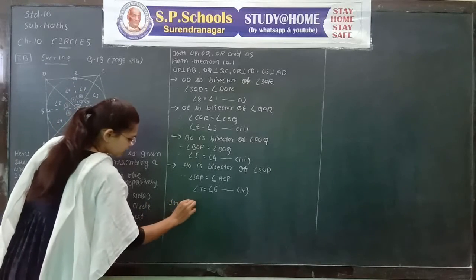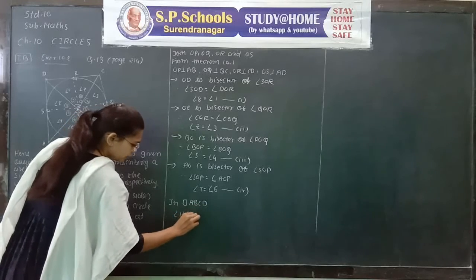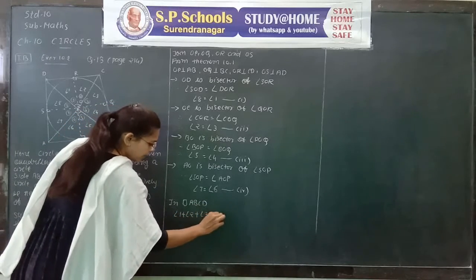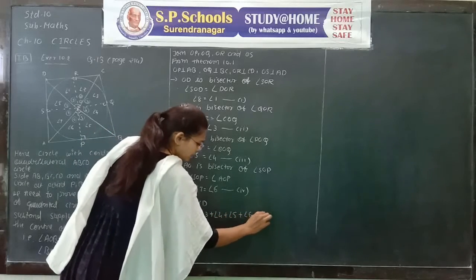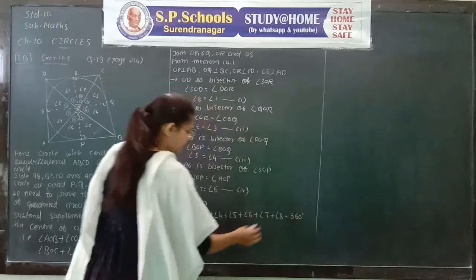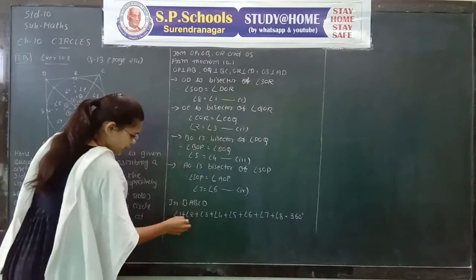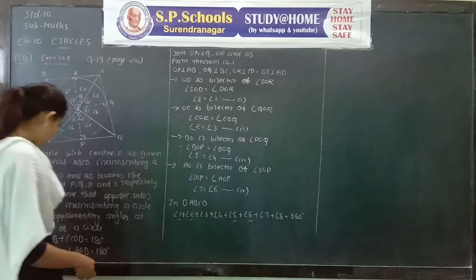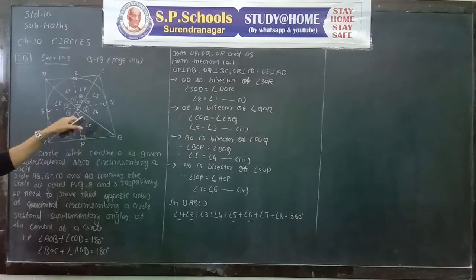In quadrilateral ABCD, angle 1 plus angle 2 plus angle 3 plus angle 4 plus angle 5 plus angle 6 plus angle 7 plus angle 8 is equal to 360 degrees. We require 1, 2, 5, 6 because 1, 2 is the addition of COD and 6, 5 is the addition of AOB.